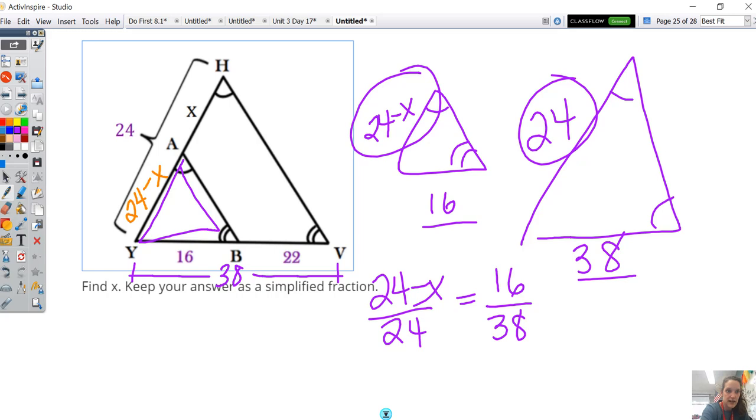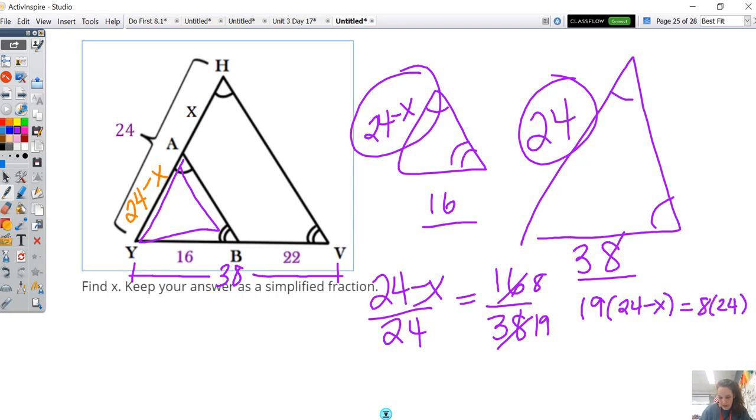I'm going to simplify the 16 over 38 to get 8 over 19, just for smaller numbers. Cross multiply, you'll get 19 times (24 minus X) equals 8 times 24.